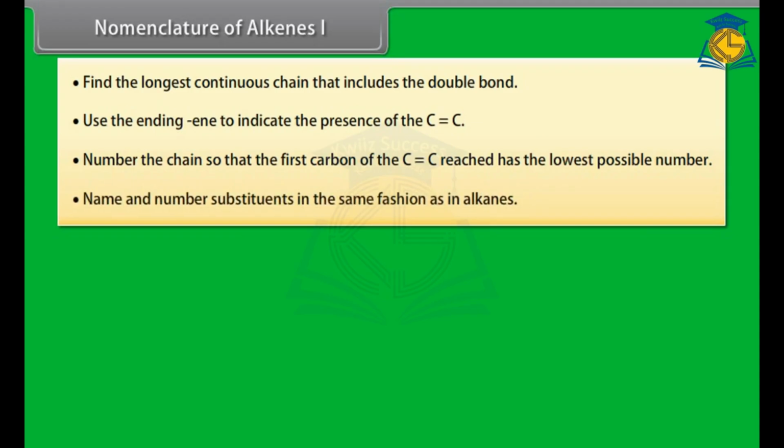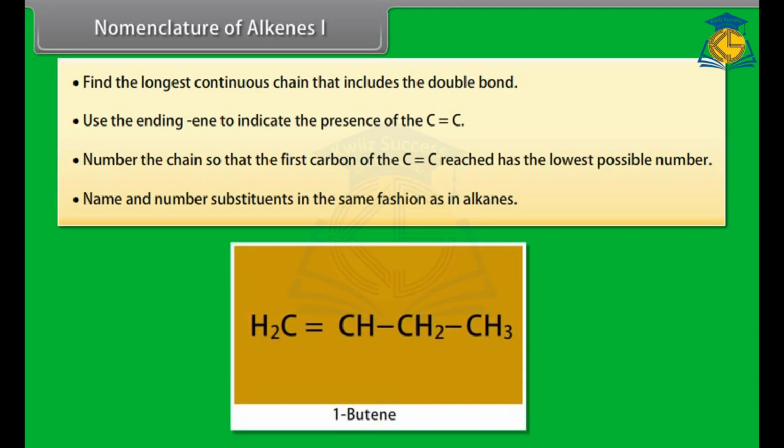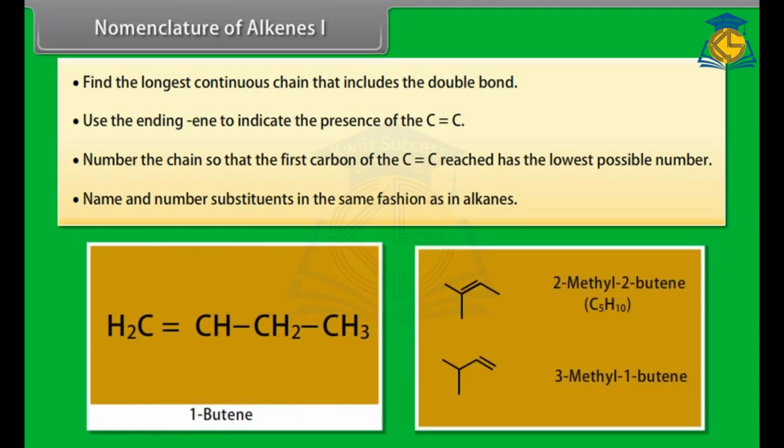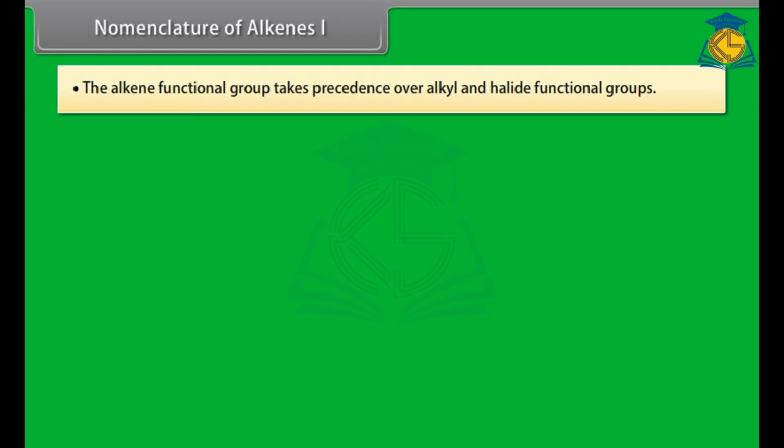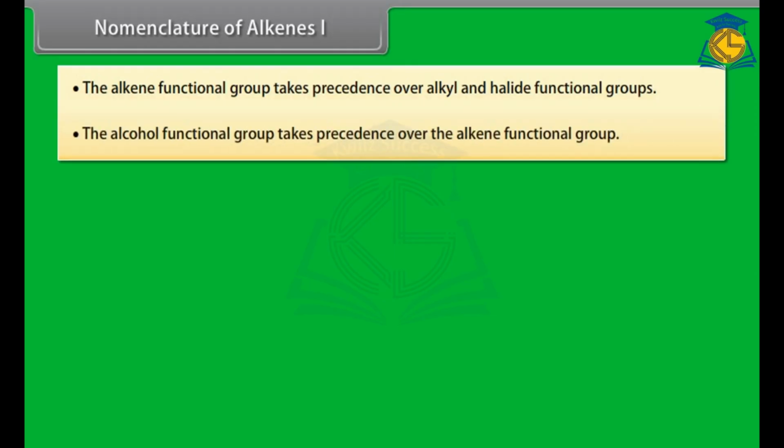Name and number substituents in the same fashion as in alkanes. This is 1-butene and these are 2-methyl-2-butene and 3-methyl-1-butene. Step 5. The alkene functional group takes precedence over alkyl and halide functional groups. Step 6. The alcohol functional group takes precedence over the alkene functional group.